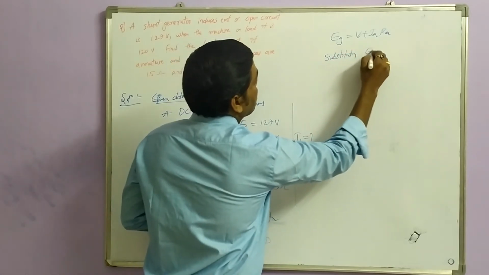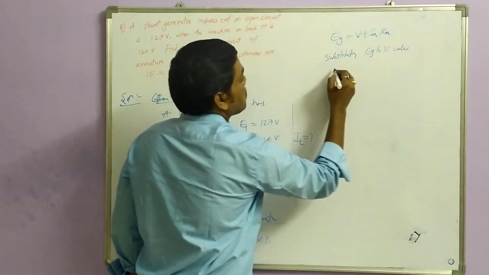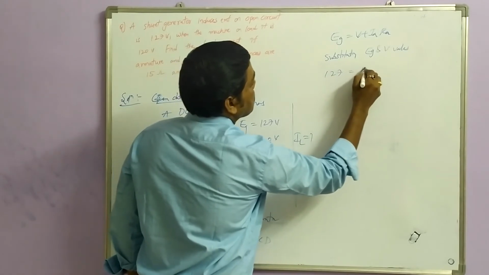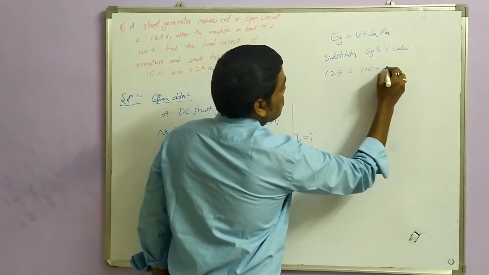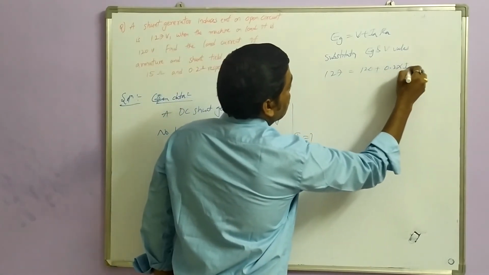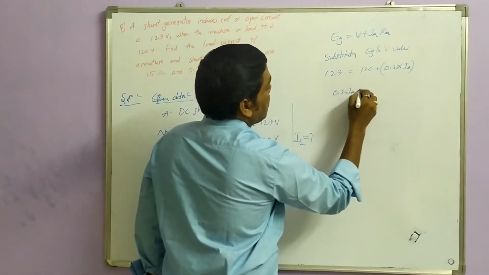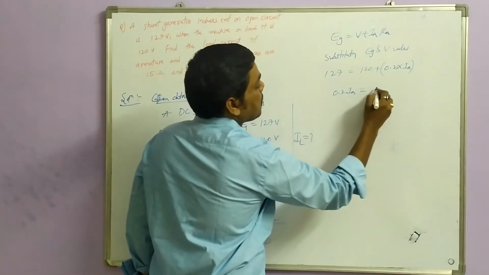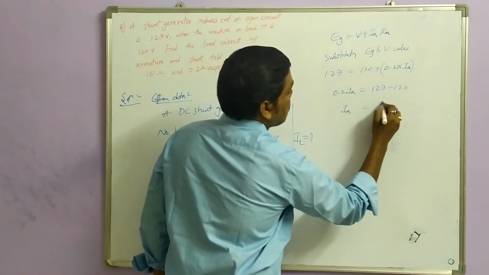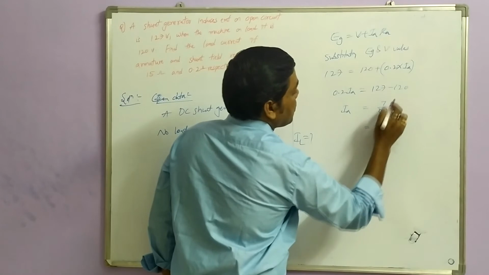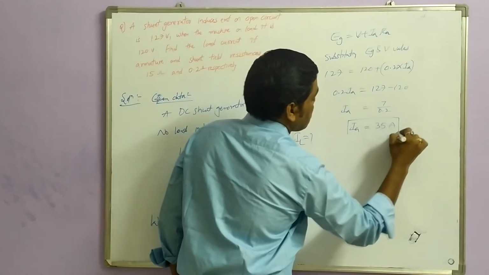Substituting EG, V and RA values: 127 is equal to 120 plus 0.2 into IA. Taking the unknown to the left hand side, 127 minus 120, so IA is equal to 7 by 0.2. Now IA is equal to 35 amperes.